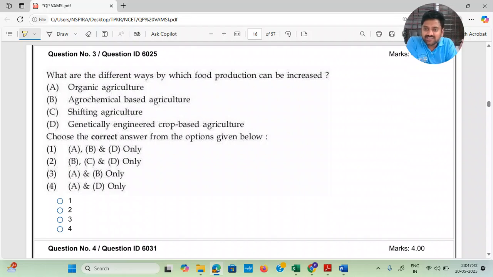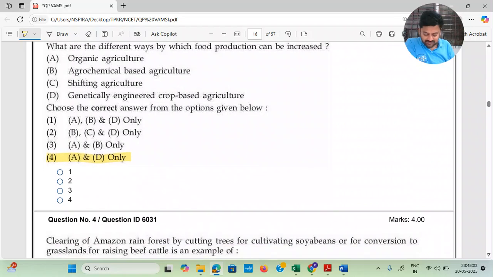So obviously that is not a suggestible system. Shifting agriculture is not to increase the food production. Genetically engineered crop based agriculture, yes, 100% this is going to improve food production. So we can consider A and D. So option 4 will be the correct option.